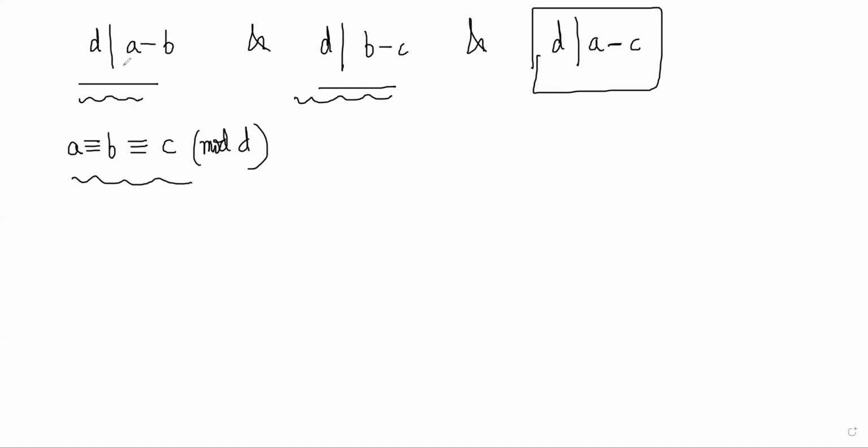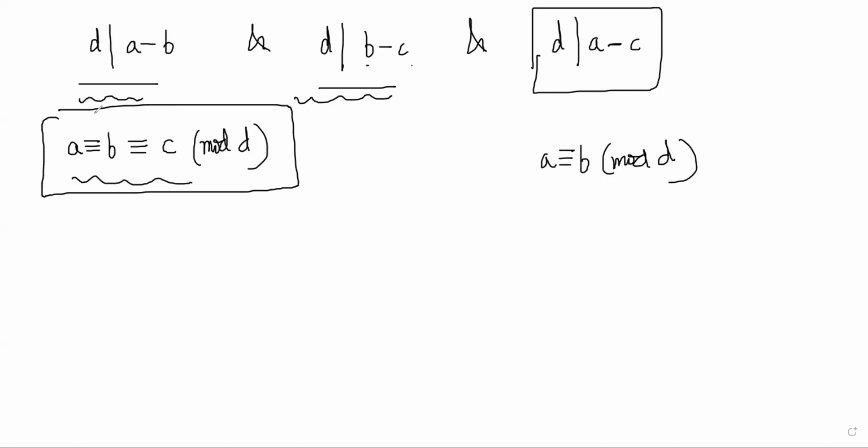Because if D divides A minus B, then A is congruent to B mod D. And similarly here, B is congruent to C mod D. We are getting this result now: A, B, C are congruent to each other modulo D. So without loss of generality, we can assume that A is greater than B is greater than C, right? So they are congruent to each other. So they differ by multiples of D, and A is greater than B is greater than C. So we can write this as A is greater than or equal to B plus D.